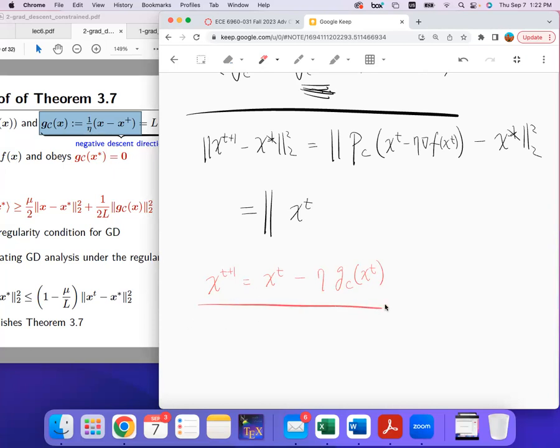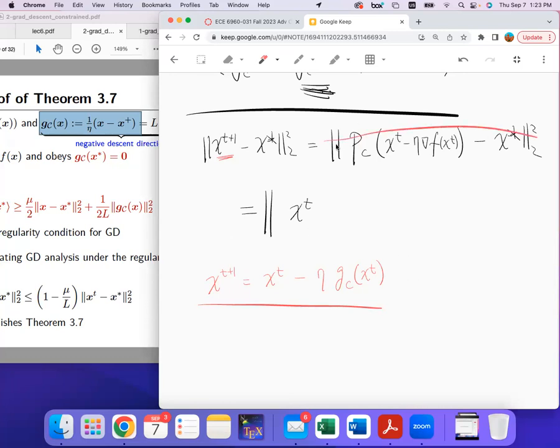This is an alternative expression for projected gradient descent. But just plug in the definition of GC, and you will recover the projected gradient descent update. So here, I just replace x t plus 1 with this one.